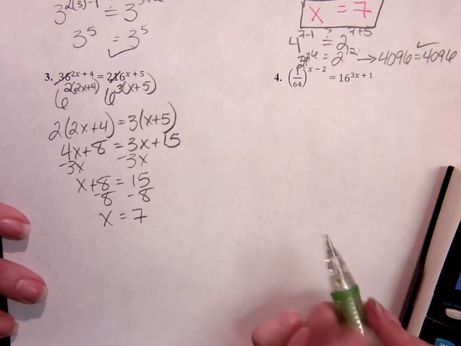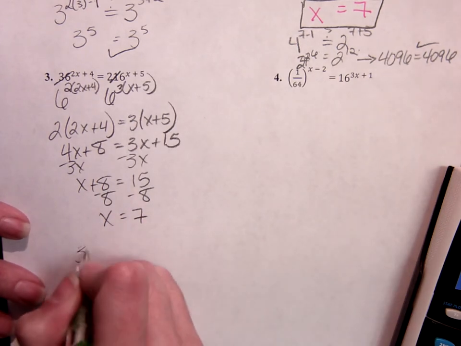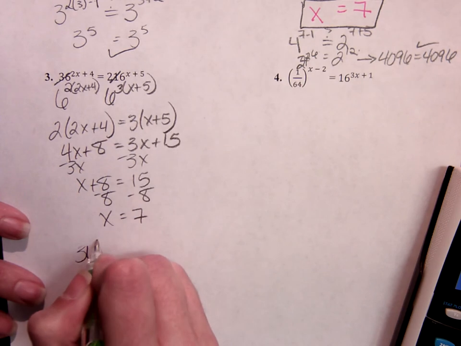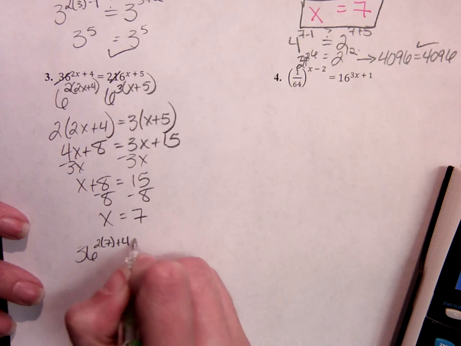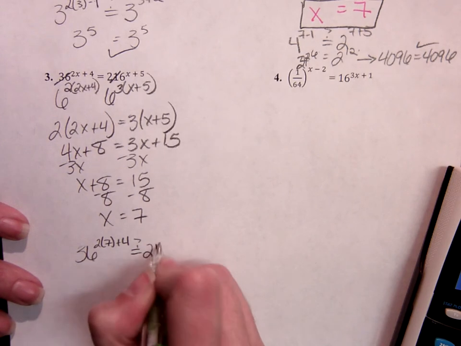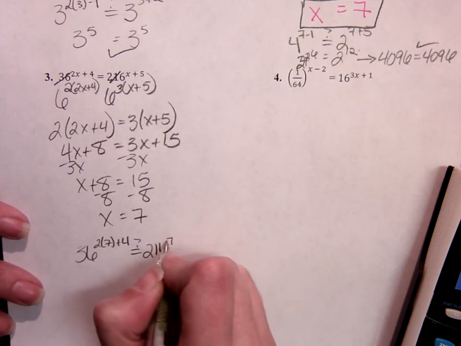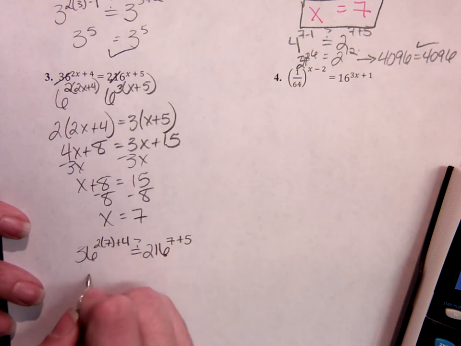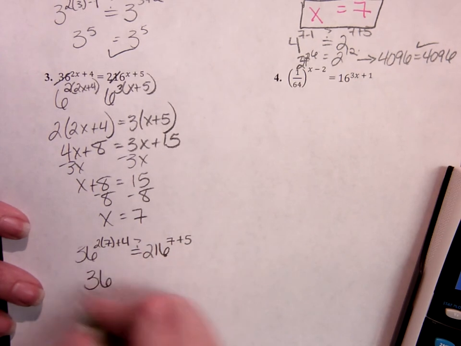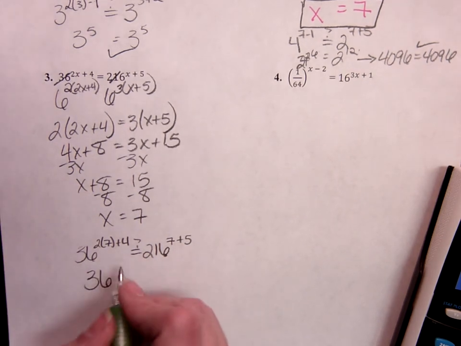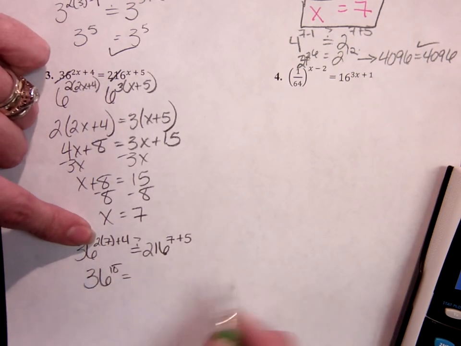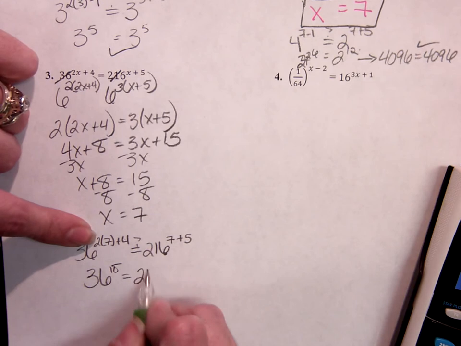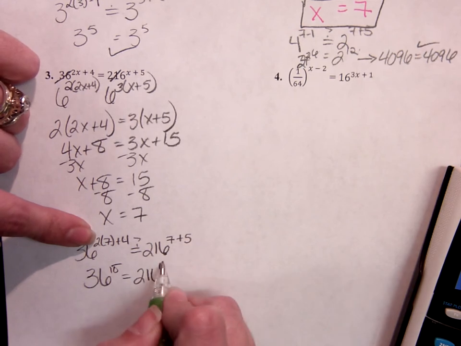Okay, again, we want to check it. 36 to the 2 times 7 plus 4. Does that equal 216 to the 7 plus 5? Is 36 raised to 2 times 7 is 14, plus 4, 18, the same as 216 to the 12th?